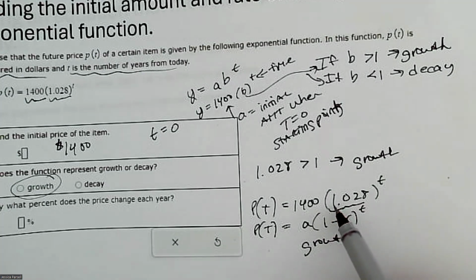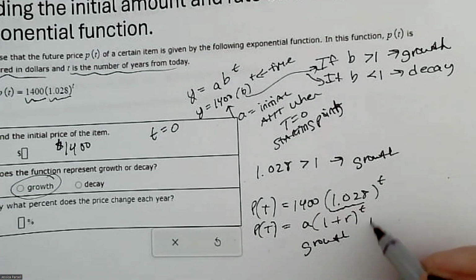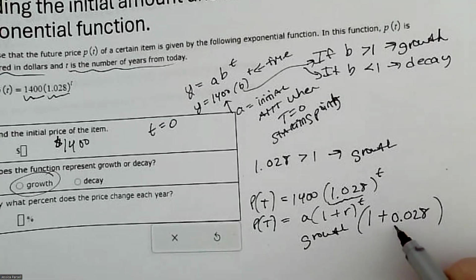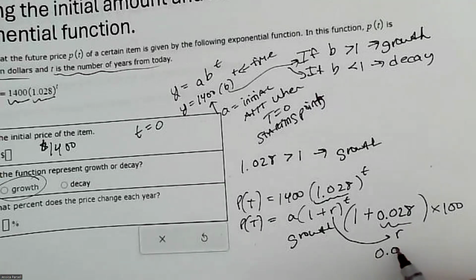So there's your 1. Your 0.028 is your rate. So we're going to separate this 1 plus 0.028. All right, this right here is your R. And so we need to multiply that by 100 to get it into a percentage. So 0.028 times 100 is equal to 2.8%.